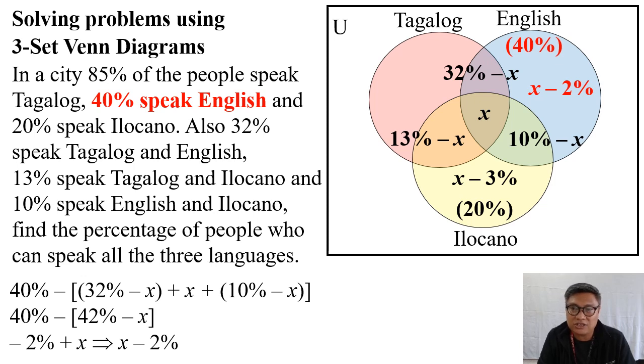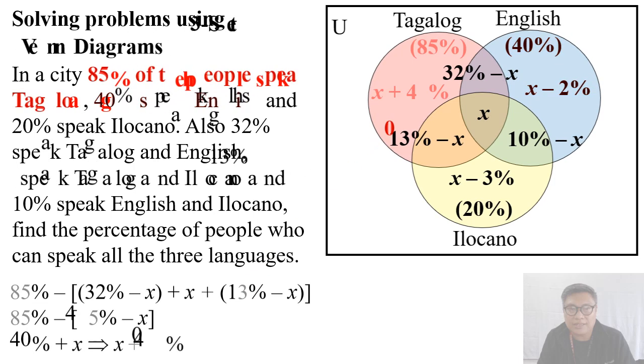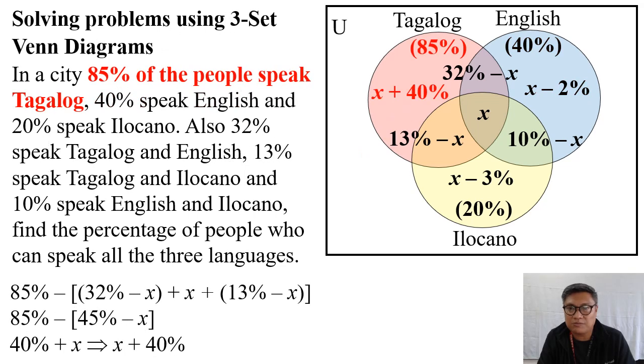And for the Tagalog speaking, we have 85% of the people who speak Tagalog. So similarly, we are going to subtract 85 by 32 minus x and by the quantity 13 minus x. Or in short, we need to add 32 minus x plus 13 minus x. Then we subtract this from 85.